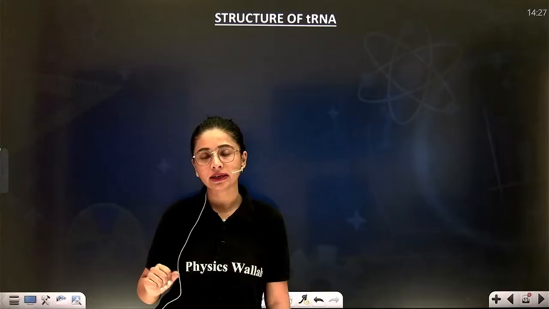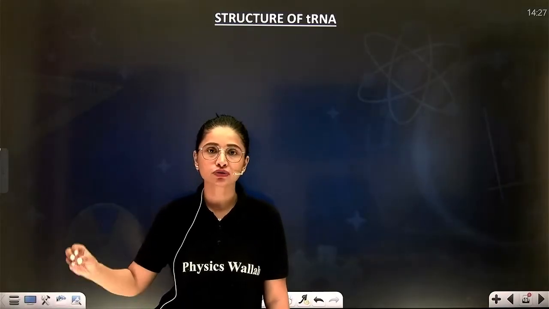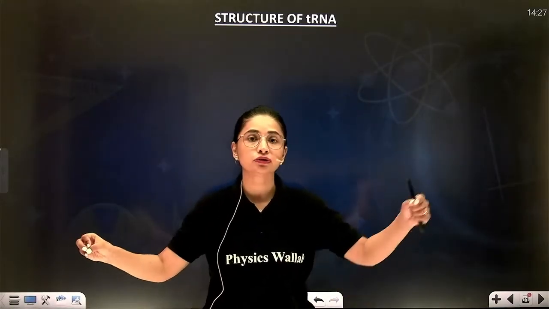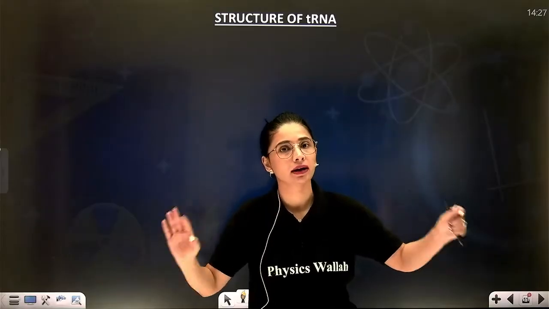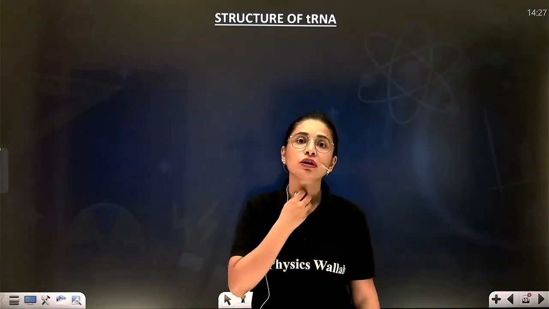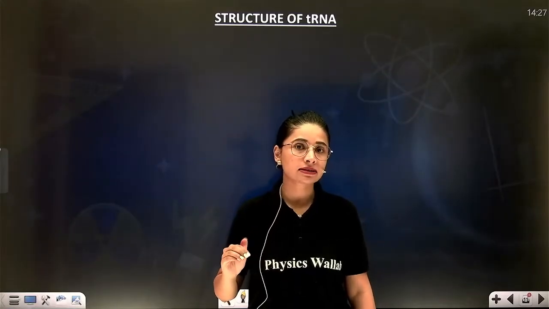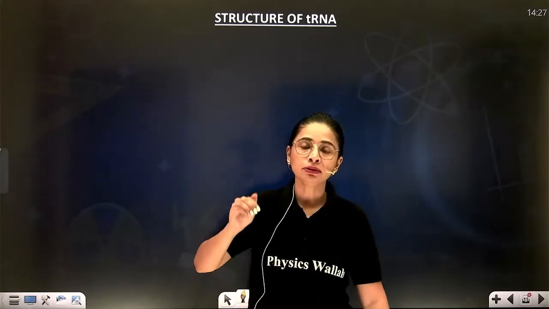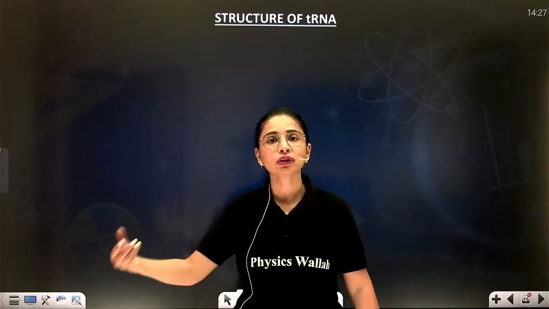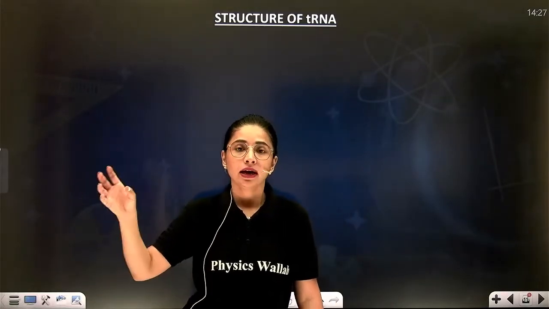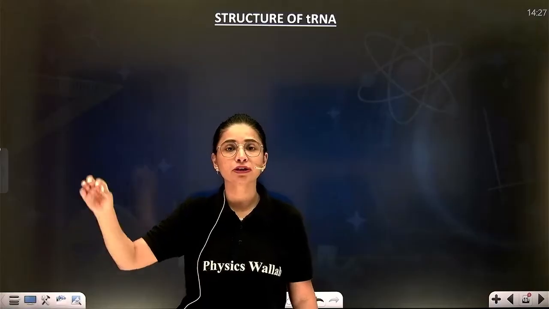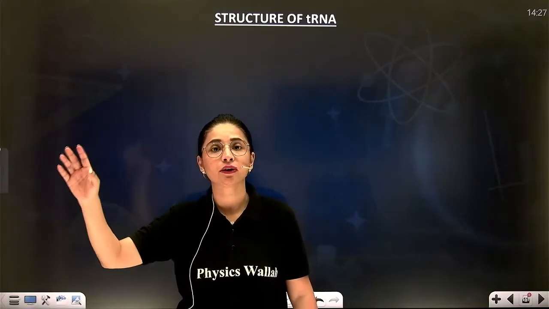Also called the adapter, whose function is to add a specific amino acid to the specific codon on the mRNA. Now, codons are 64. Amino acids are 20. The number of tRNAs is according to the number of amino acids. tRNAs are specific to a specific amino acid only.